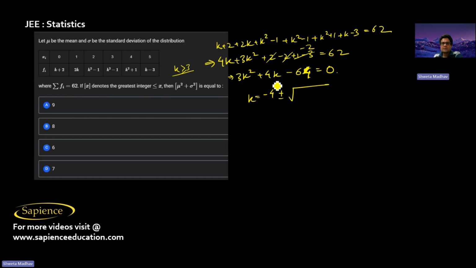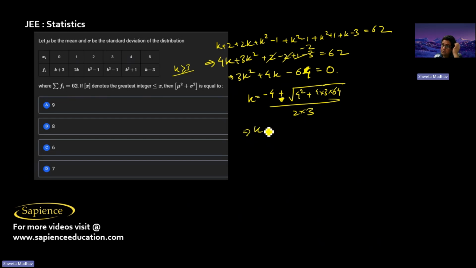So minus b plus or minus square root of b² minus 4ac, so plus 4ac, divided by 2a. And this will be more than 4, so this negative sign we should not consider.